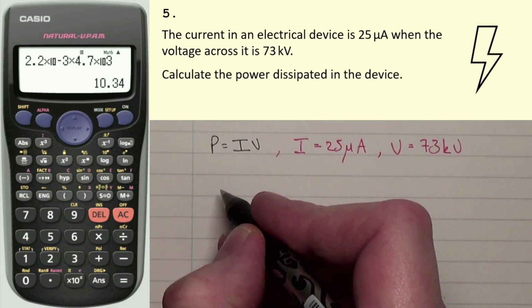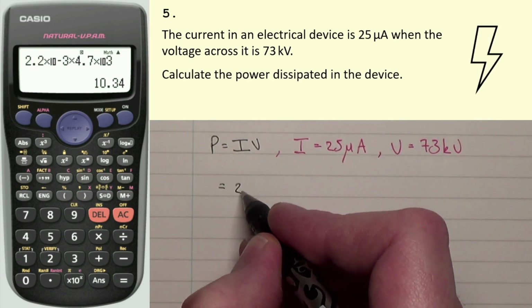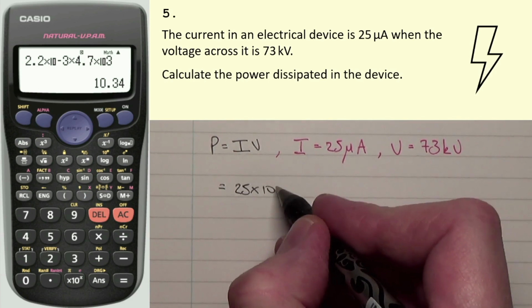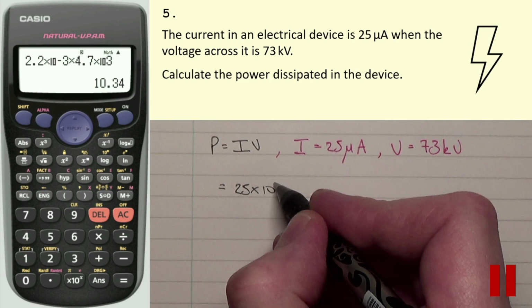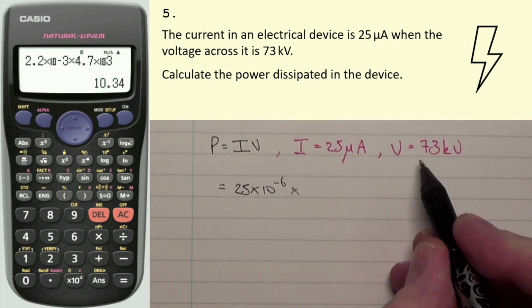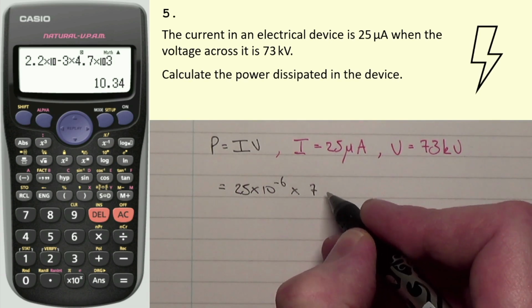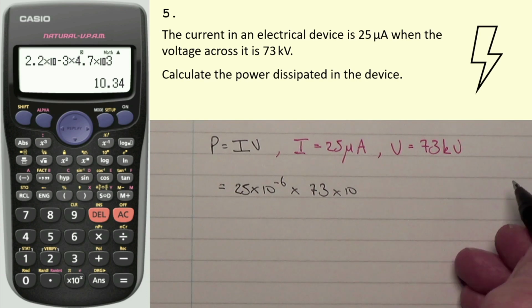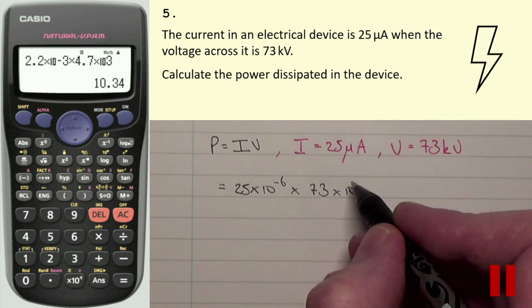So to substitute in, we would have our current 25 times 10 to the power of, so micro is, of course, negative 6. For this one here, voltage is 73 and kilo is times 10 to the power of 3.